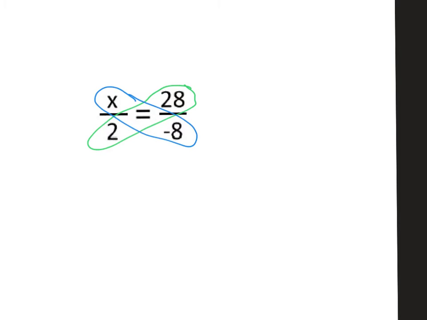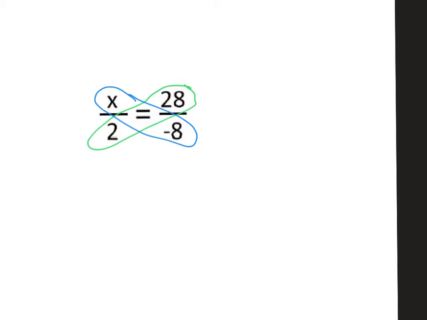So you're going to multiply the numerator of one fraction by the denominator of the other, or the top by the bottom. I have them color-coded here, and you're going to multiply those together. It doesn't matter what order, because multiplication is commutative, they're equal to each other.